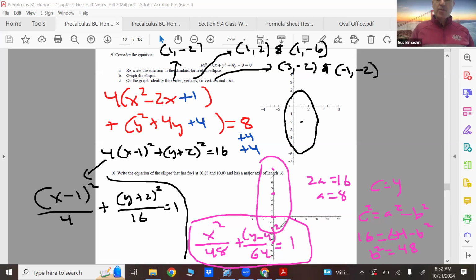Should be y minus 4 squared over 64, right? Because my major axis is 16, so 2a is 16, a is 8. Square that, 64. And then c is 4. If you use the form c squared equals a squared minus b squared, you should get b squared is 48. So all's good. Any questions? No?